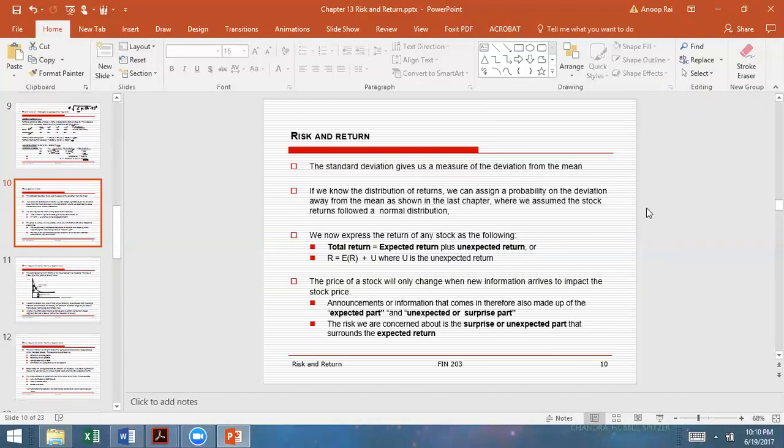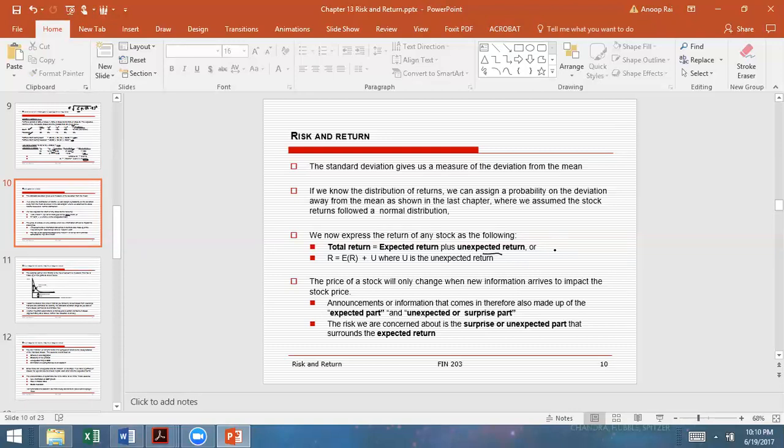So when we said, grandmother, you should on average expect 25%, on average expect 5%, just remember that's an expected return. But in the real world, your return is going to be some expected return, plus, of course, it may go up or down, because you cannot be perfectly correct.